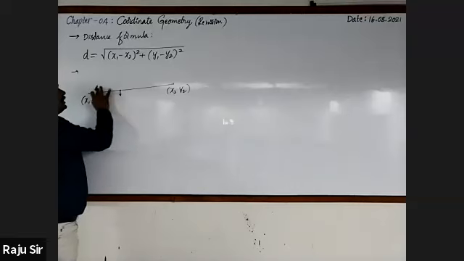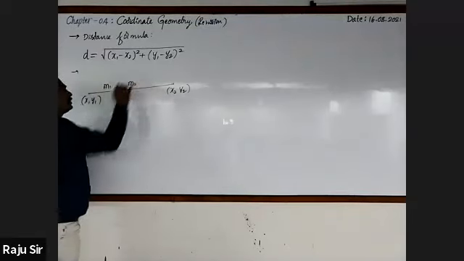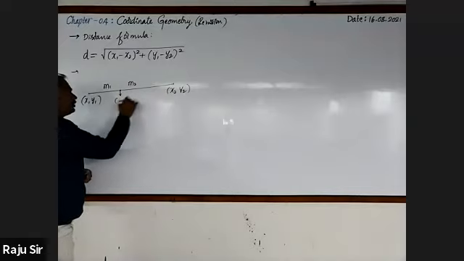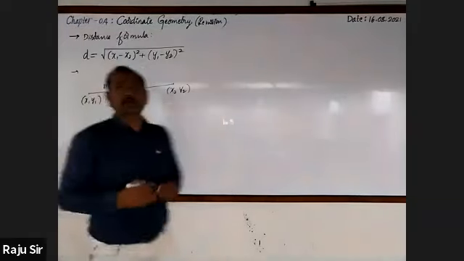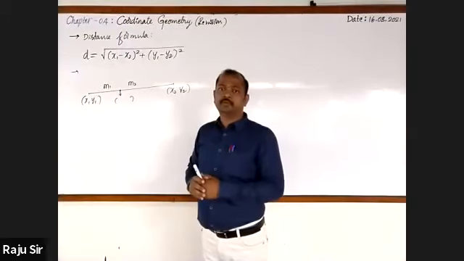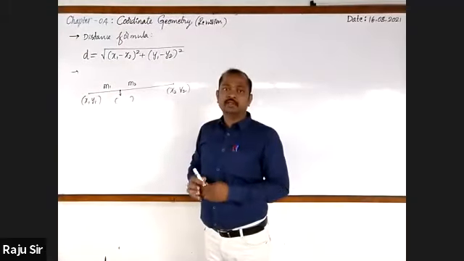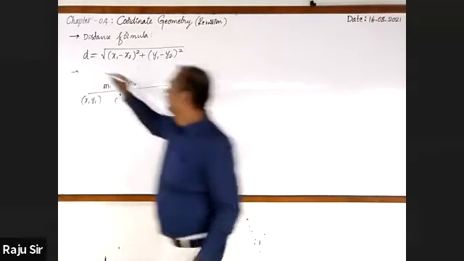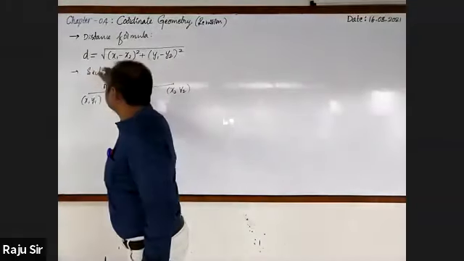This point will divide the whole line in the ratio m1 is to m2. Then how do you go for finding the coordinates of the point which divides the given line in the given ratio? By using the section formula. So here is my section formula.